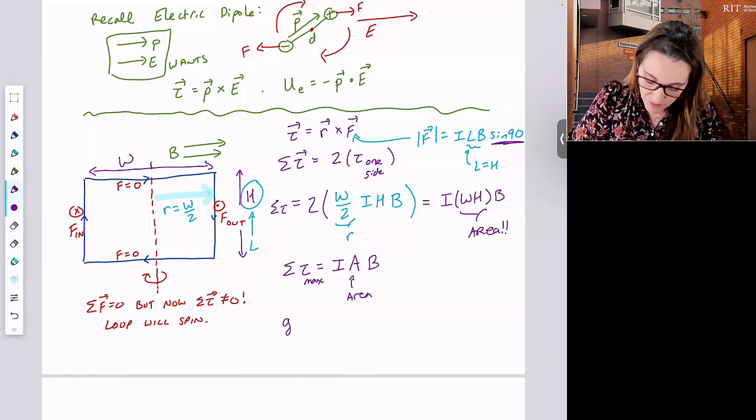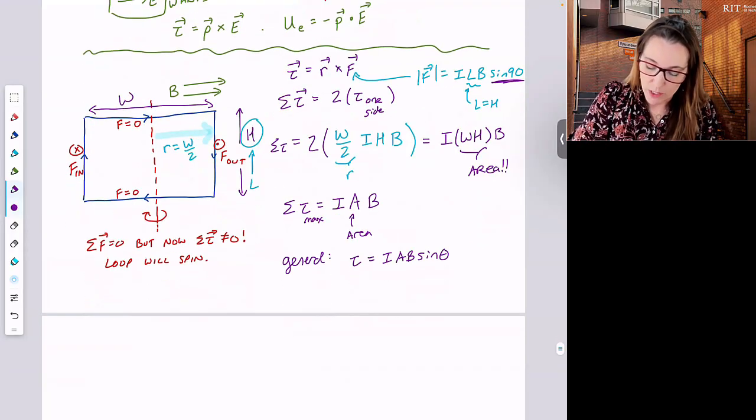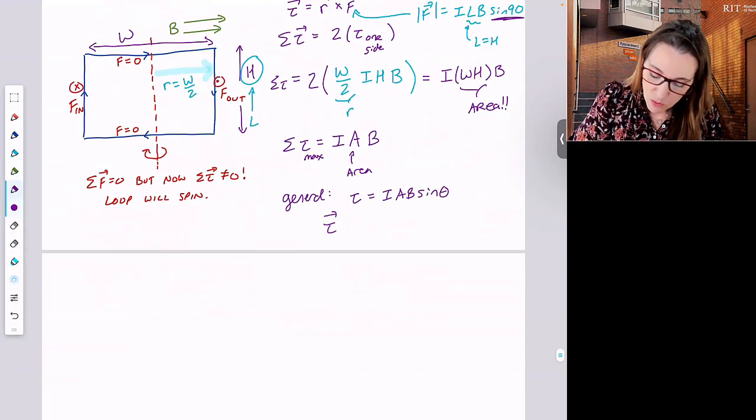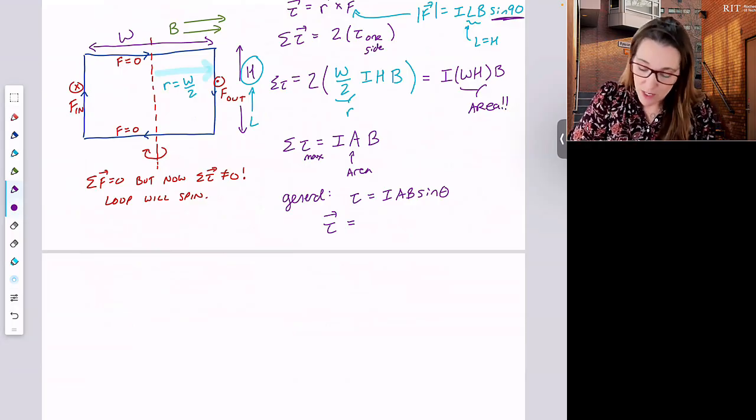In general, we can make a more general statement, which is that the torque would be IAB sine theta.